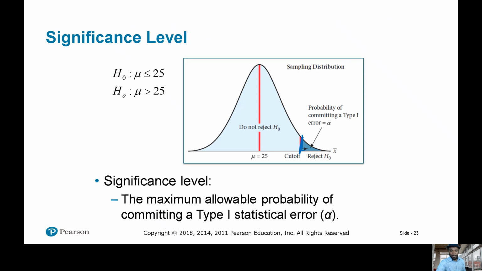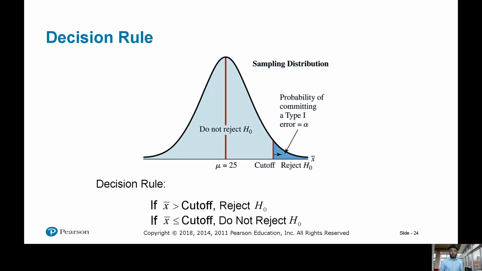If our test statistic, which we're going to see how to compute soon, is in the rejection region, then we will reject the null hypothesis. Otherwise, we fail to reject the null hypothesis. The probability of committing a type 1 error is equal to alpha. So this is our decision rule here.